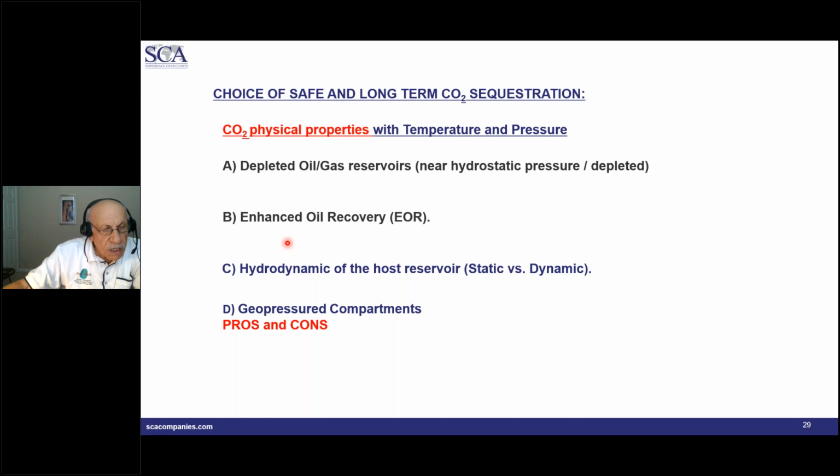Or should we use the carbon dioxide for oil recovery, which kills two birds with one stone: produce more oil and store carbon dioxide? Or can we do it in a hydrodynamic system? Is it dangerous to put it in a hydrodynamic system or not? Or, as I do prefer, put it in geopressured compartments.